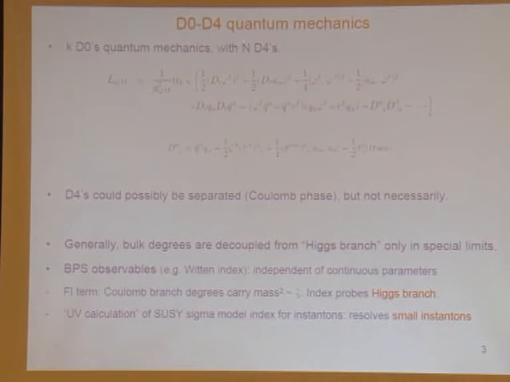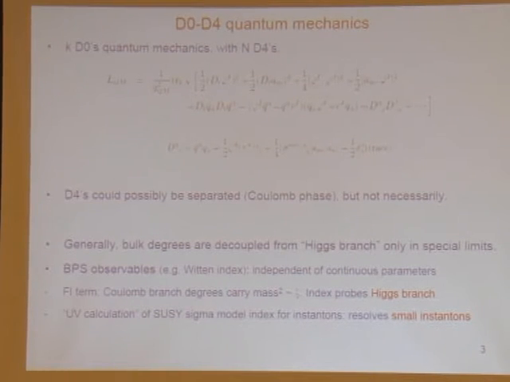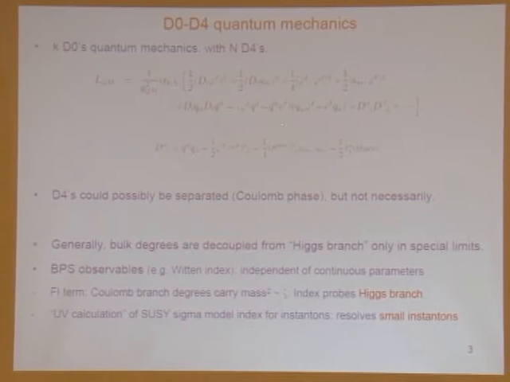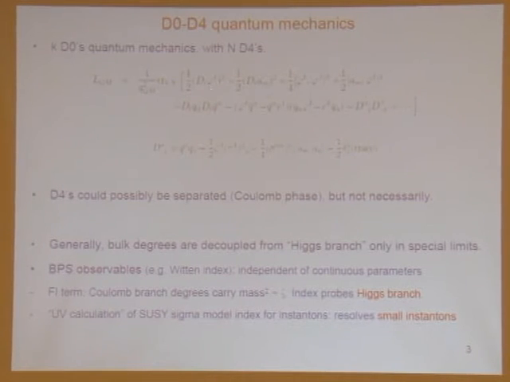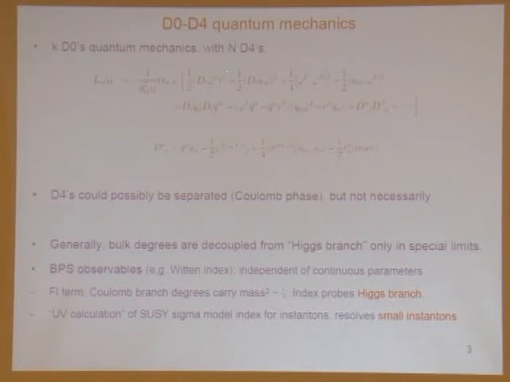I call these the Coulomb branch degrees, contrary to the 6-dimensional degrees, which I call the Higgs branch degrees. These Coulomb branch degrees roughly correspond to these 5 scalars, which tend to escape out of the D4s.